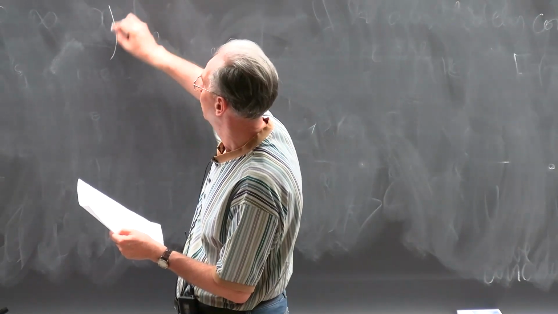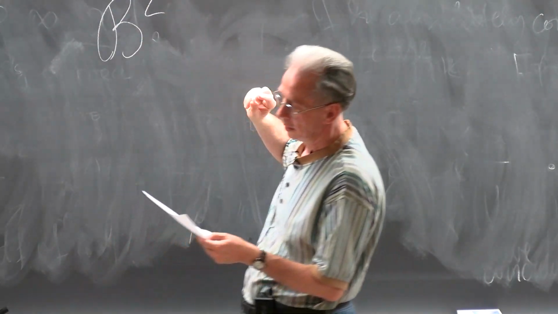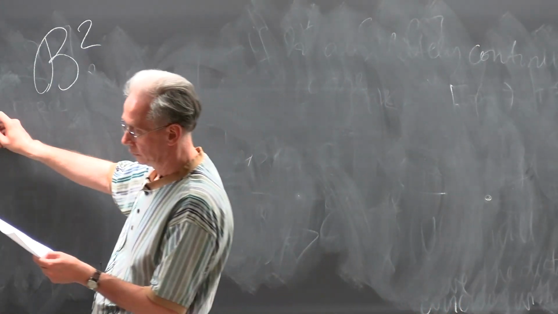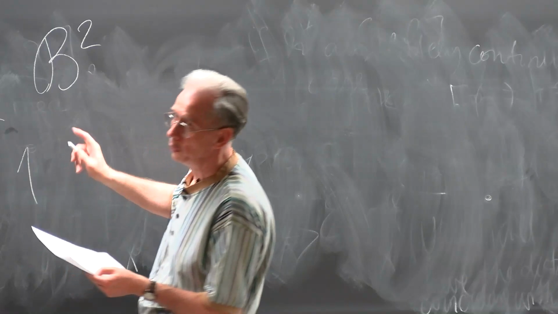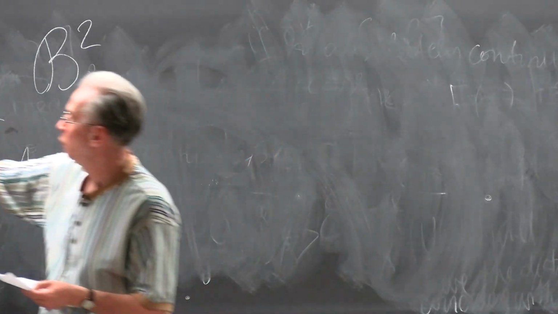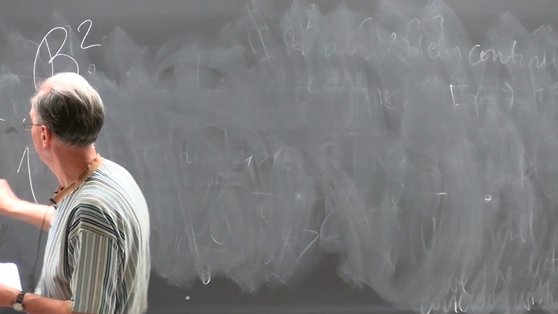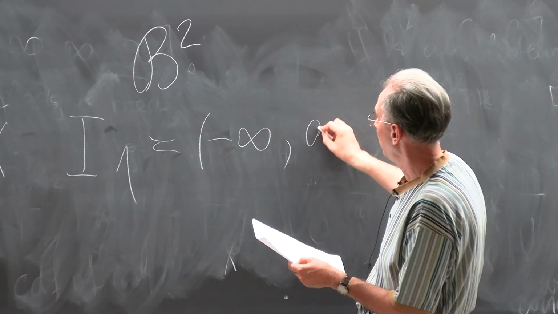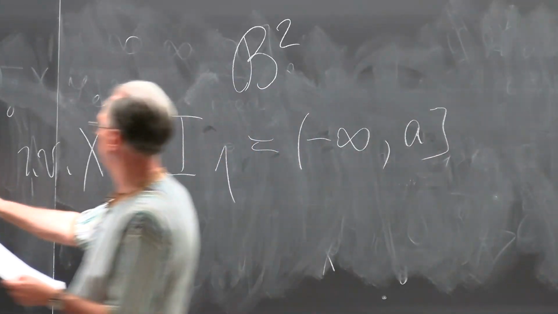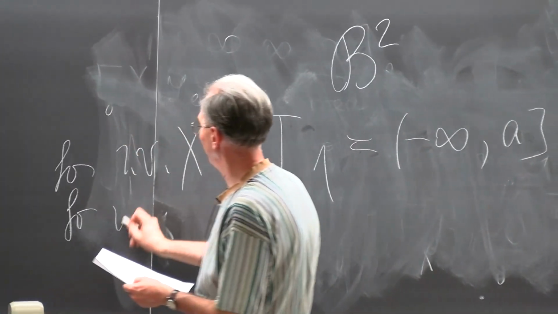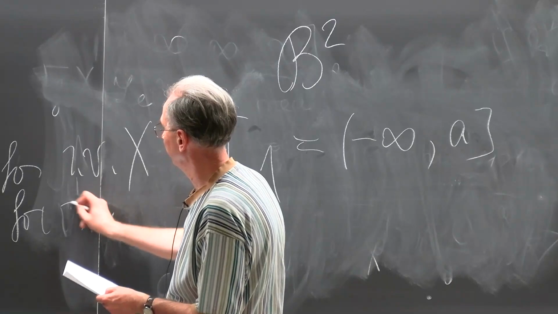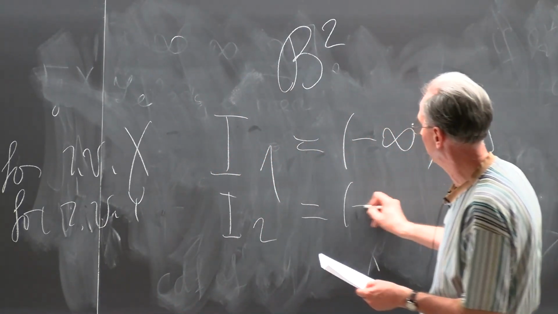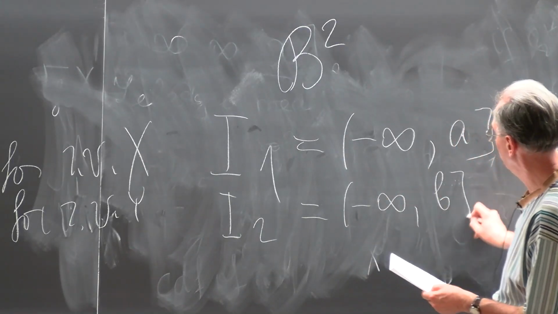So let's consider script B squared. The first interval for, say, random variable X is I1, which is the interval from negative infinity to a, and for random variable Y, it's I2, which is the interval from negative infinity to b.